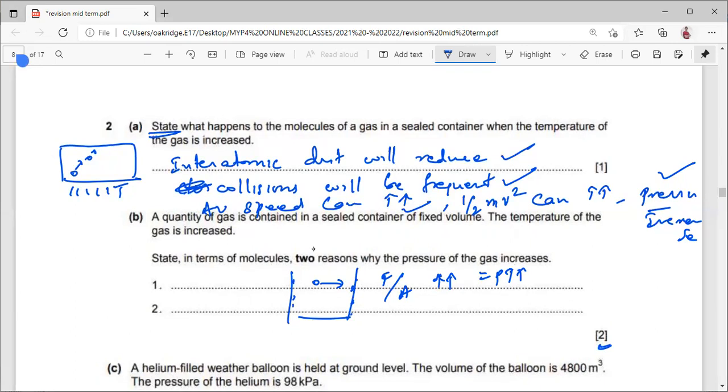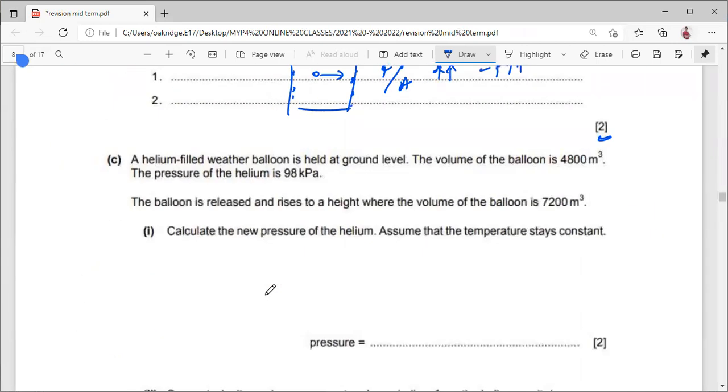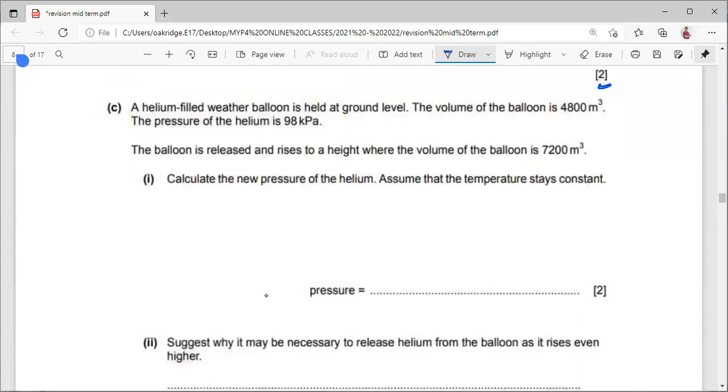Then a helium-filled weather balloon is held at ground level. Okay. So it's been tied. Right. This is my helium balloon. The volume of the balloon is 4,800 meter cube.